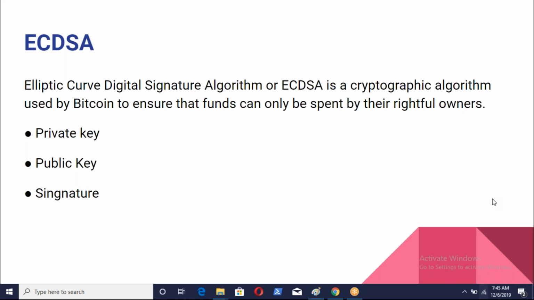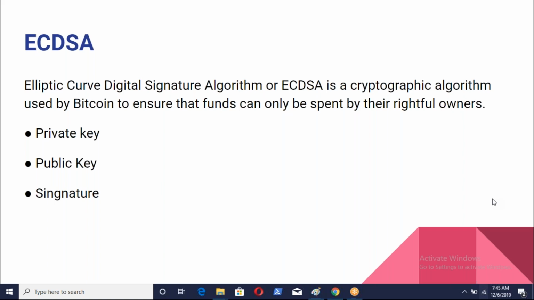I will explain more about digital signatures in Ethereum, once we start Ethereum. Here I will explain what exactly it is. The main purpose of digital signatures is, once the transaction is initiated, to know whether it was initiated by the rightful person or not. So that is the main thing.